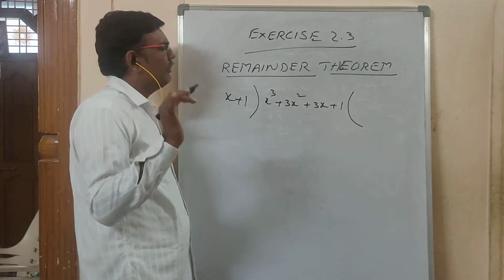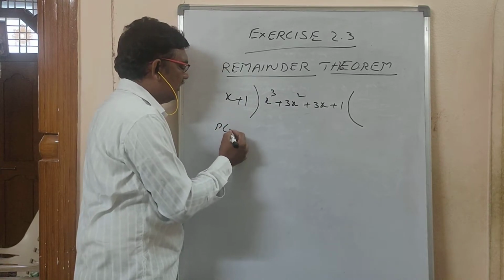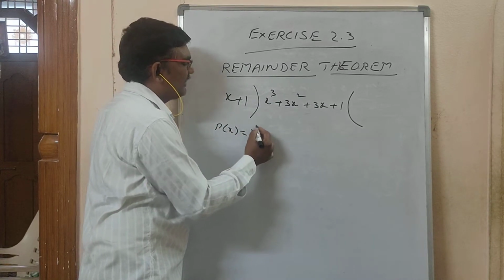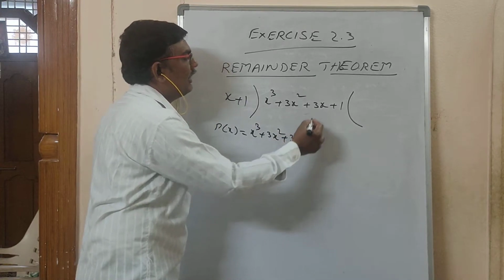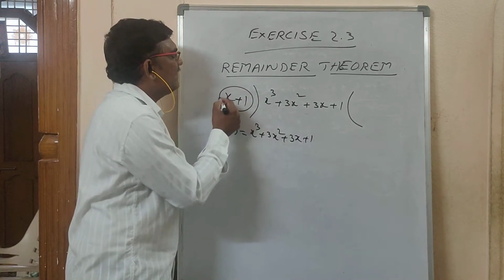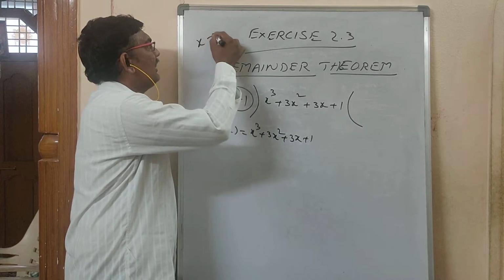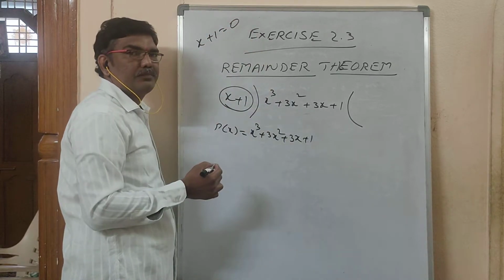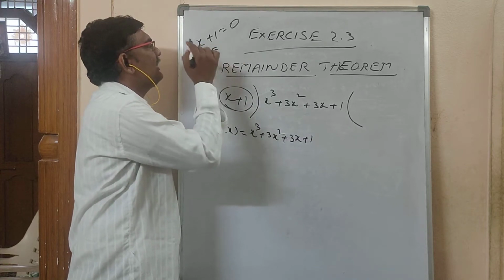It is very simple. Whatever the dividend is, you have to assume it as P of x. The divisor, equate it to 0, and make the variable the subject.